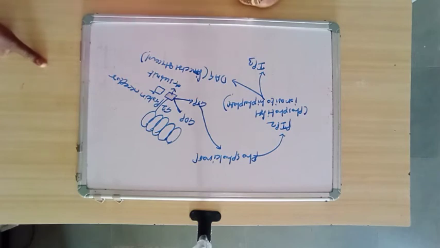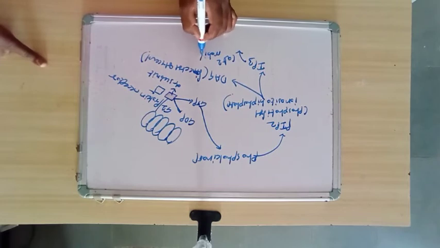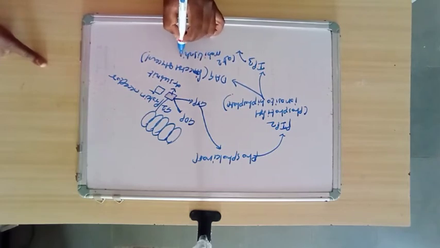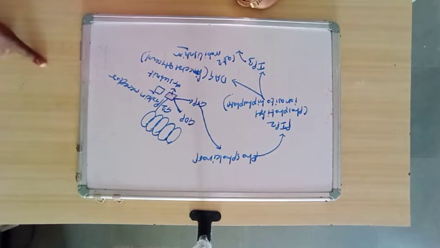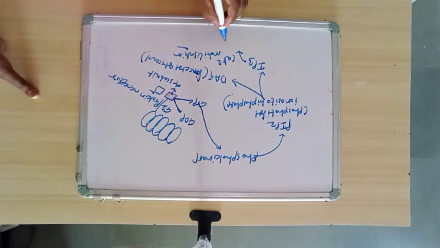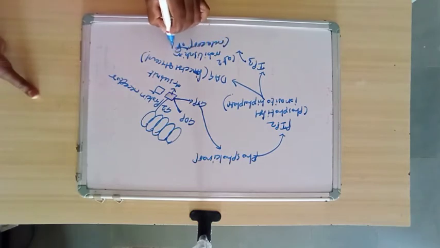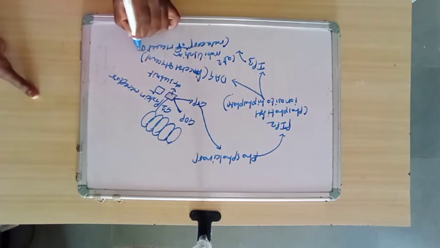This inositol triphosphate is involved in calcium 2+ mobilization, that is, the release of nerve transmitter, the release of nerve signal.